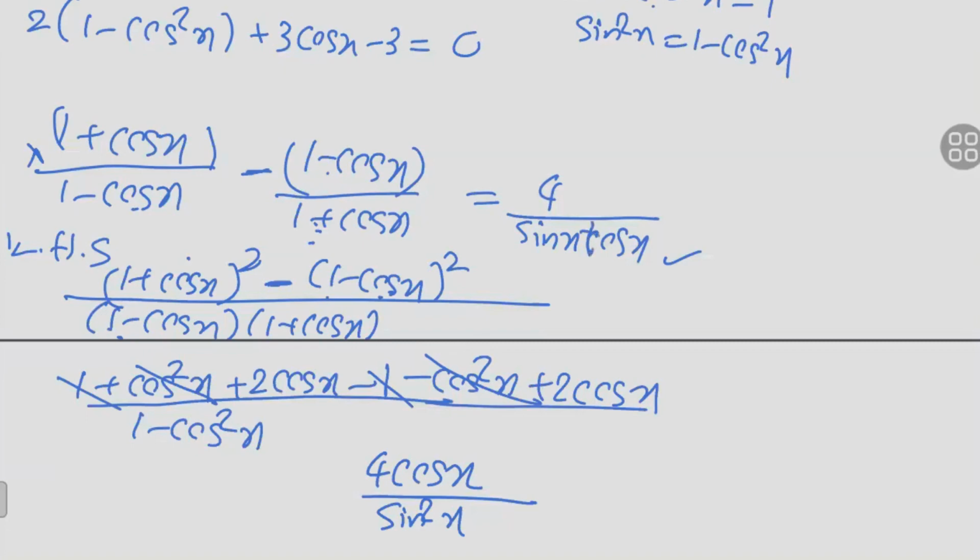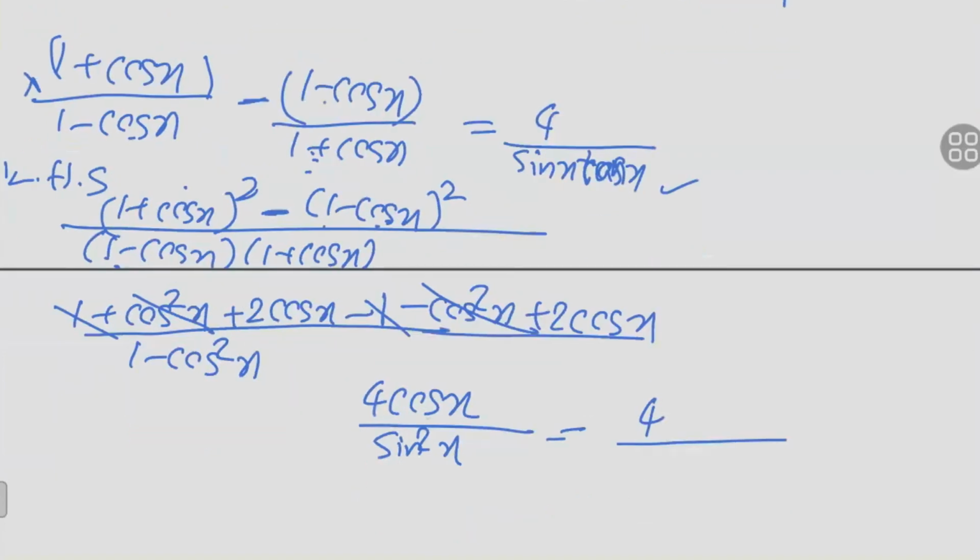This is not cos x, it should be tan x. Then 4 cos x over sin squared x, you can write it as 4 over sin x tan x, since you need to prove it. This is 4 over, I take cos x down and write sin squared x over cos x, right?